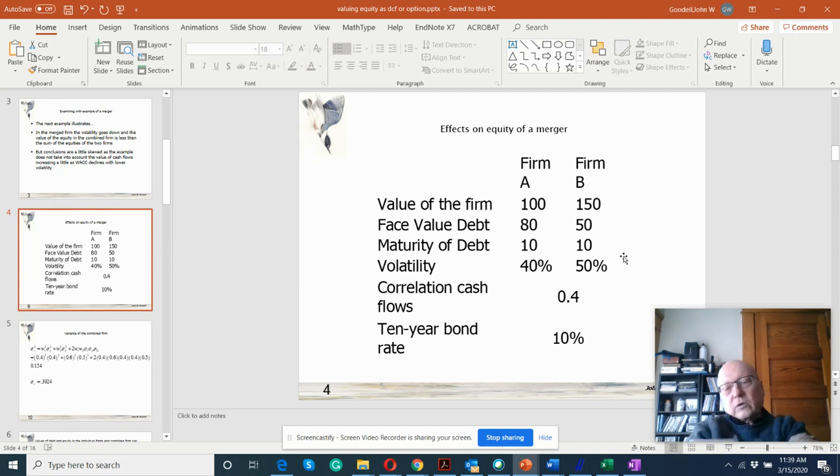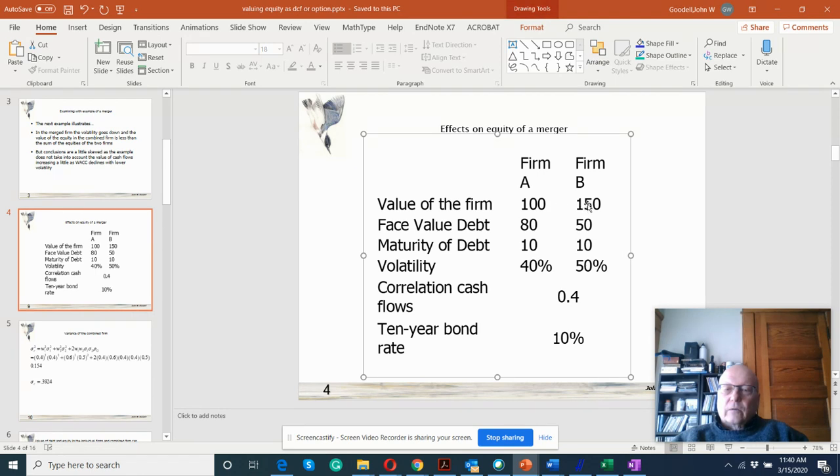And so that will actually cause the value of the equity of the combined firm to be less than the value of the equity of the two firms summed together. But the thing is that when we use the new volatility of 39%, we didn't adjust the 100 and the 150. So we're a little bit skewed here.